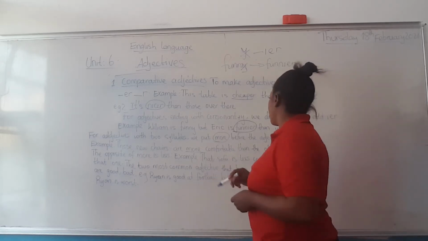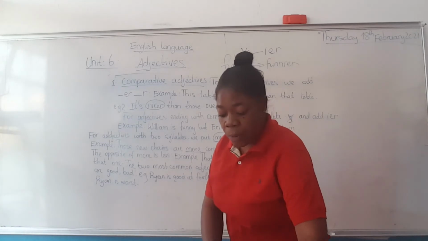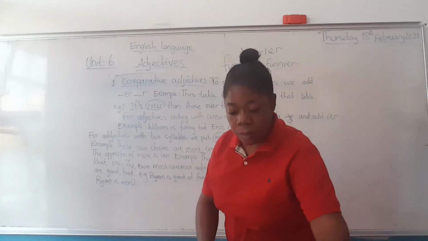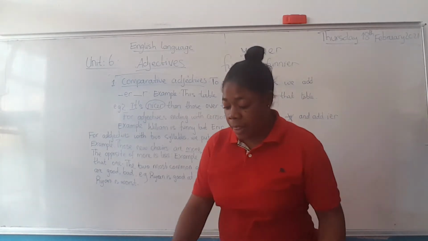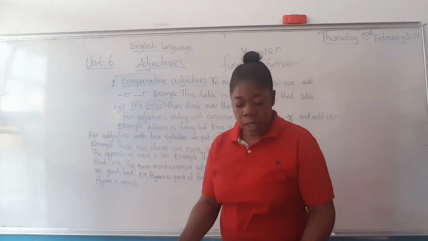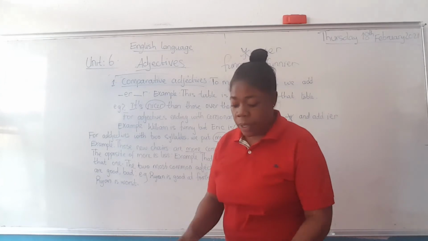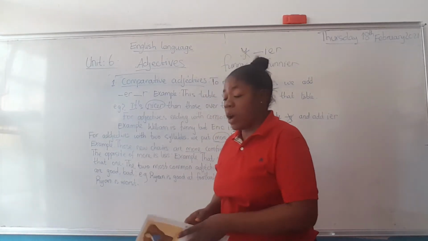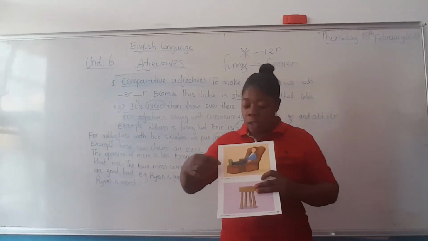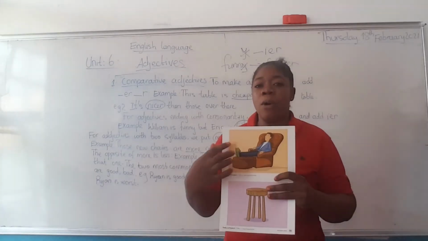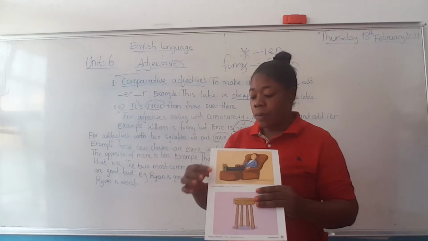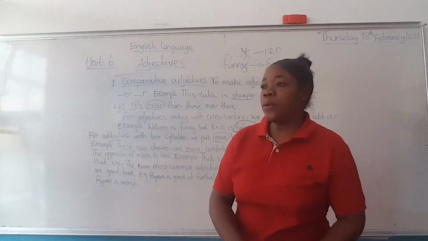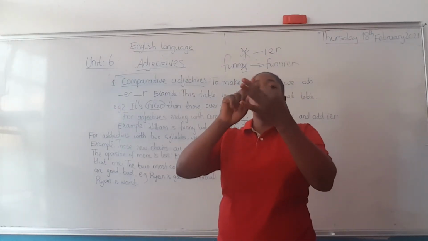Example, we saw comfortable here. After this, I'm going to show you these pictures and you tell me which one is an adjective and which one is a verb. Everybody say comfortable.